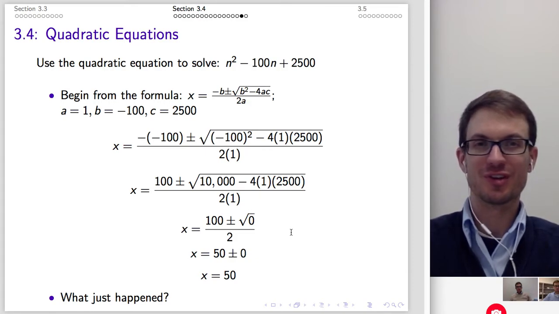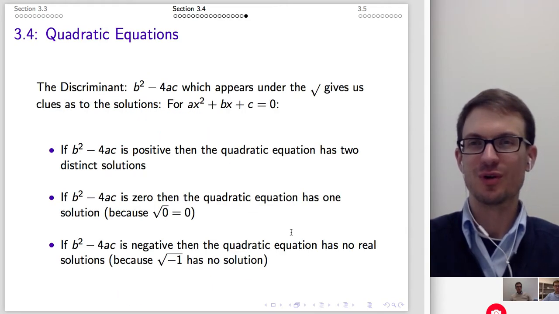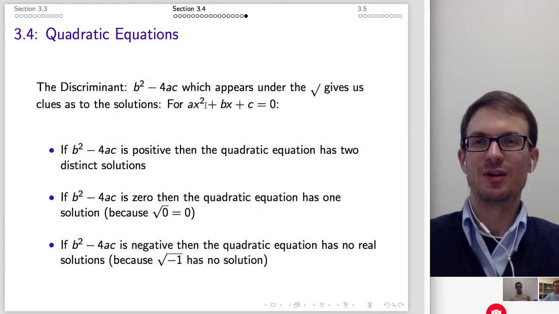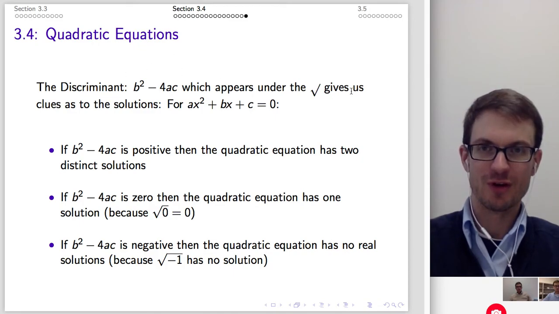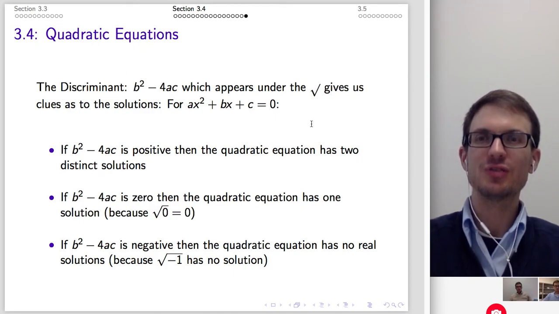Think about what this looks like geometrically, right? Think about what the graph looks like. I won't spoil it. Use your graphing calculator or draw this out. Plot some points. Figure out what we just found. It's cool. Okay, so here we're going to introduce something more generally. The discriminant. The discriminant is the term under the radical, and it gives us clues as to the solutions.